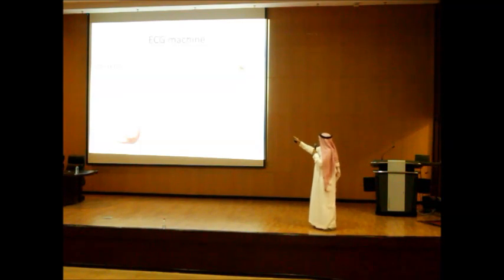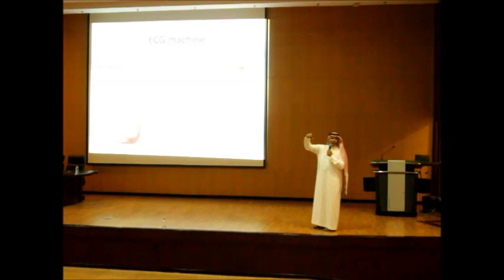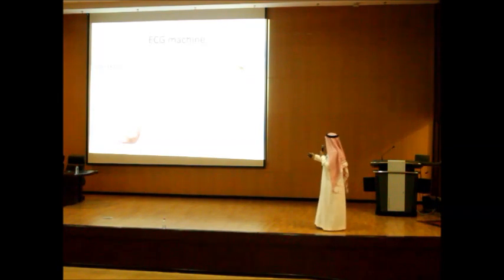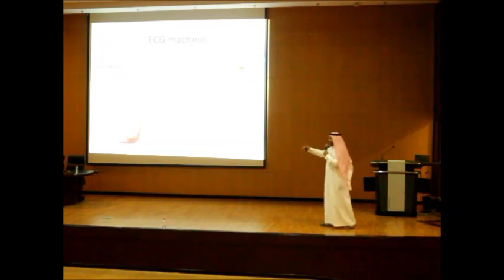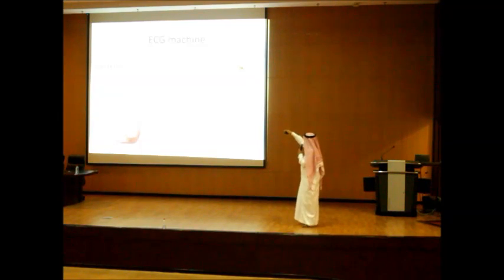So if the sinus node does not work, the AV node will take over. So it's 40 to 60, right? And the bundle of His rate is 20 to 40. So as you go down, the heart rate will slow down.